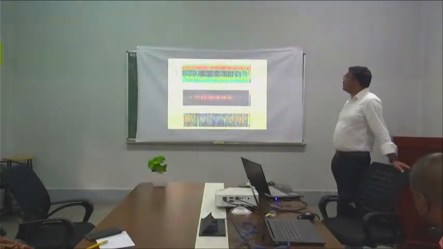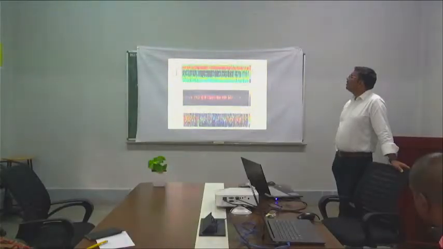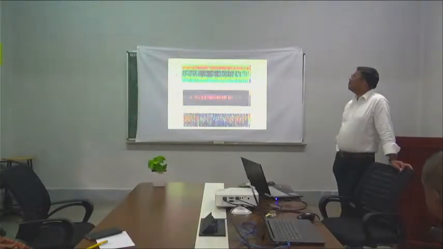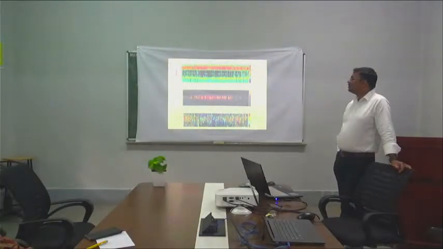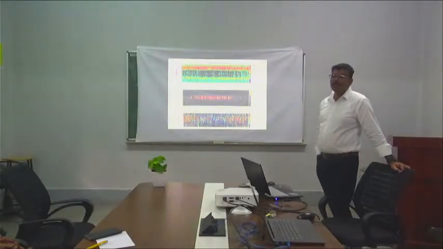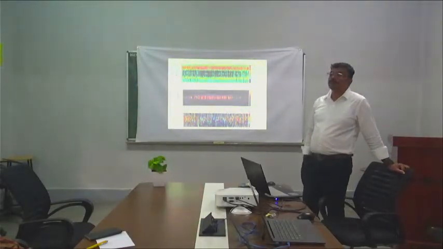This is the actual waveform in particular cases. The first one represents the biomass generator output, the second one represents the PV power output, the third one represents the wind turbine power output.